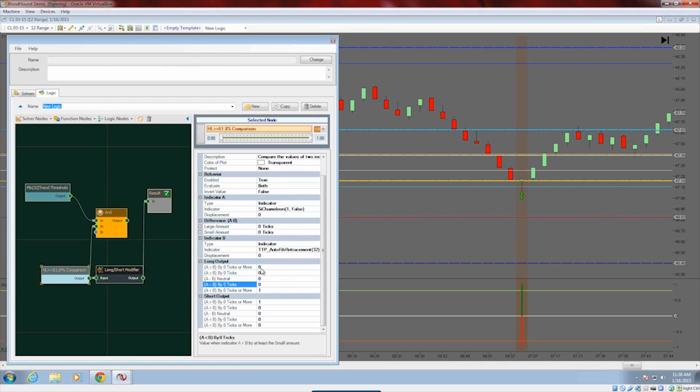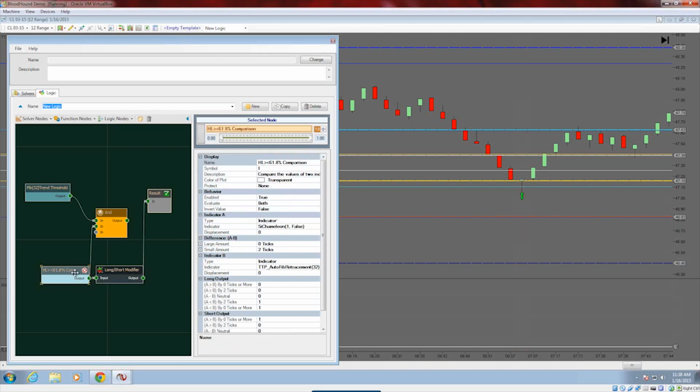So anytime you're using a range, let's say we want to mark a bar where the low is within, I don't know, let's use 2 ticks. So we'll set 2 ticks here for the small amount. And then let me just click off of it and click back on it.